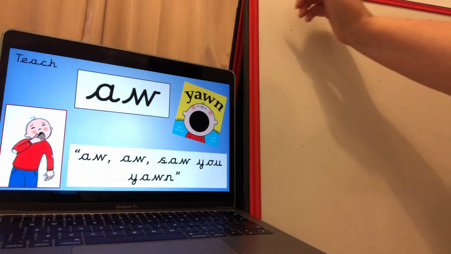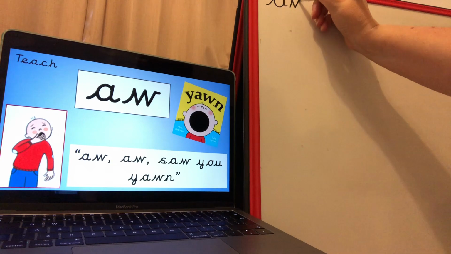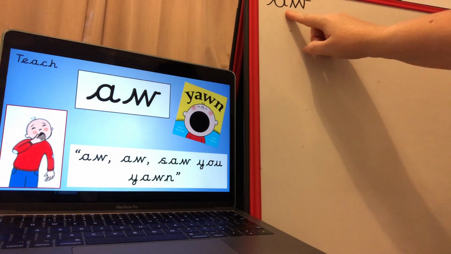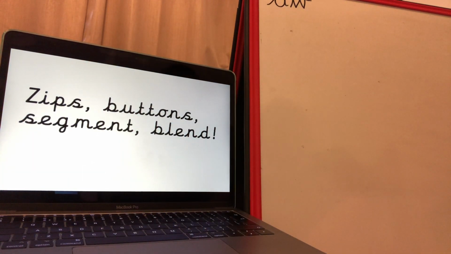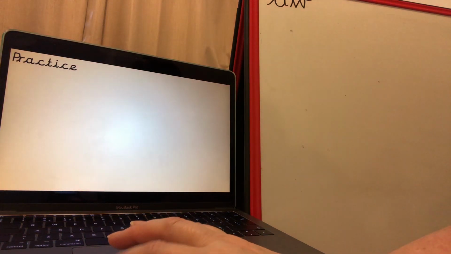Okay, so I'm going to write that digraph on the top of my board because I think we're going to need it today for the words we're going to be reading. Or, saw you yawn. Okay, we're going to use zips, buttons, segment and blend again to read some words.